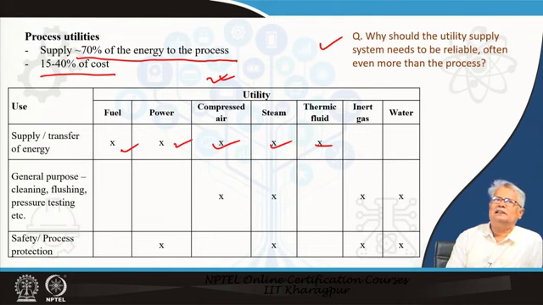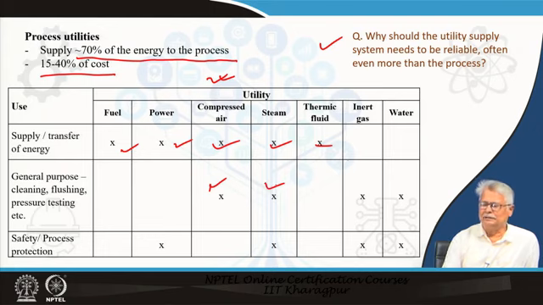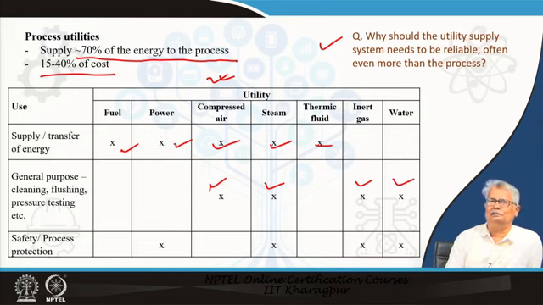The general purpose cleaning, flushing, pressure testing, etc. is done with compressed air, sometimes with steam, sometimes with inert gas, and quite often for pressure testing of pressure vessels it is water which is used. You will also note power plays a very important part in adding safety, as plenty of the engineered safety is through systems which involve power and require a supply of power.